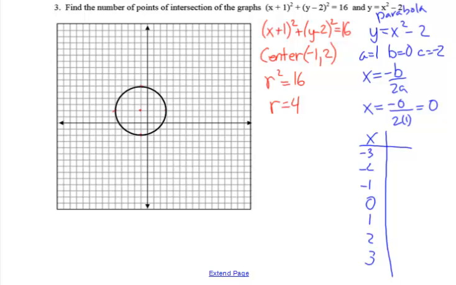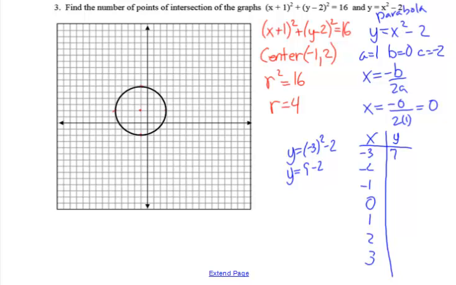So depending on how you're doing this, if you have your graphing calculator, you're going to go to your y equals, you're going to enter in x squared minus 2. You're going to use your table here and fill in the values. If you don't have a graphing calculator, you're just going to enter them in. How do we do that? y equals negative 3 squared minus 2. y equals 9 minus 2, which is 7.